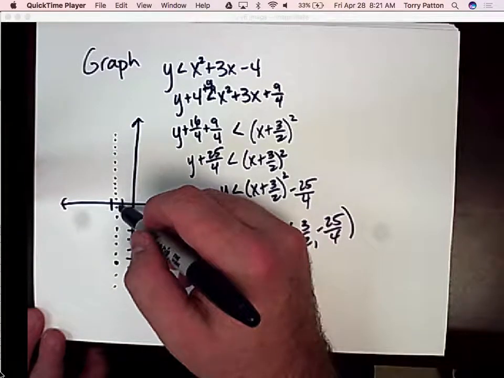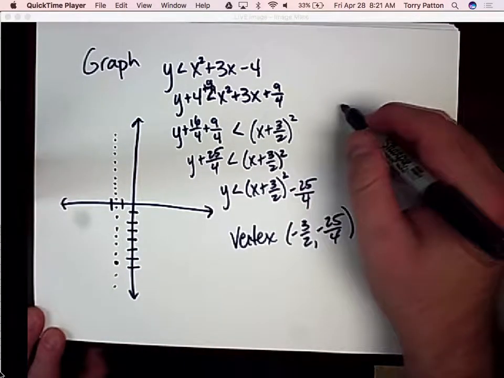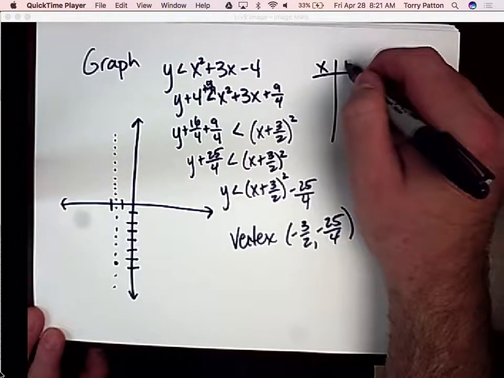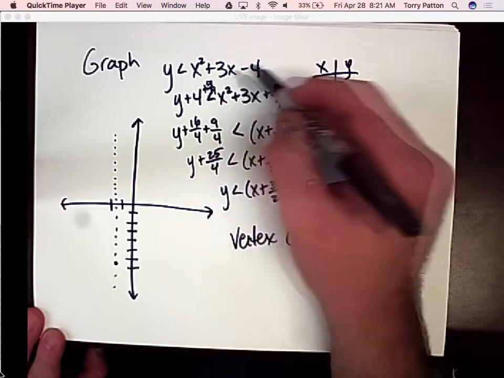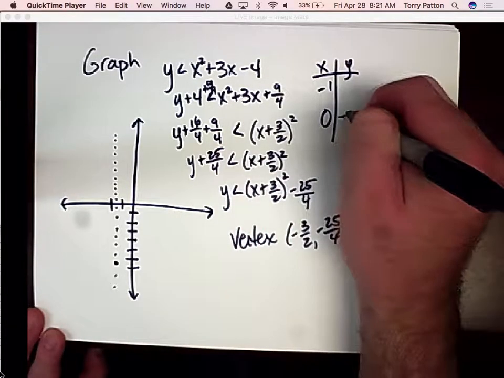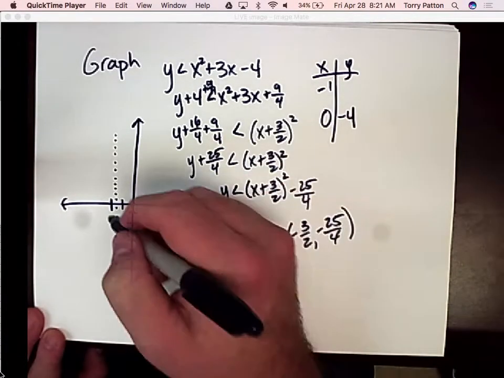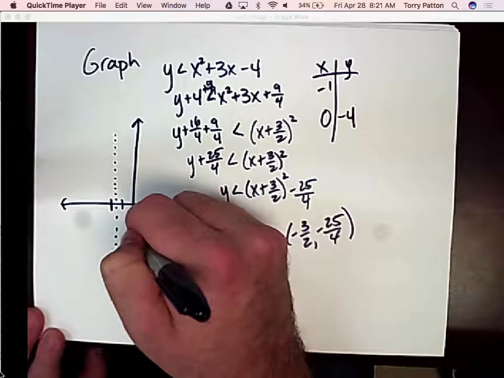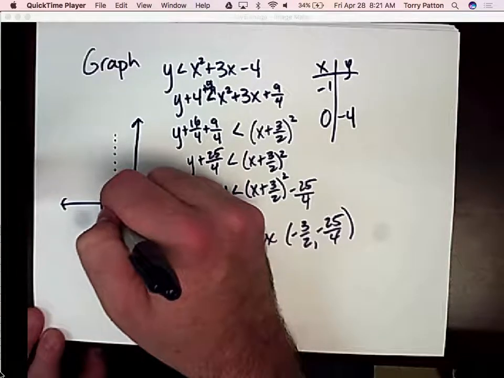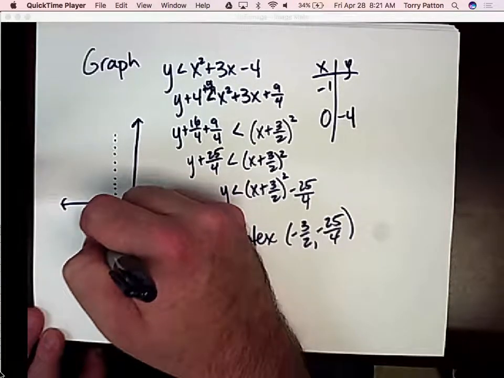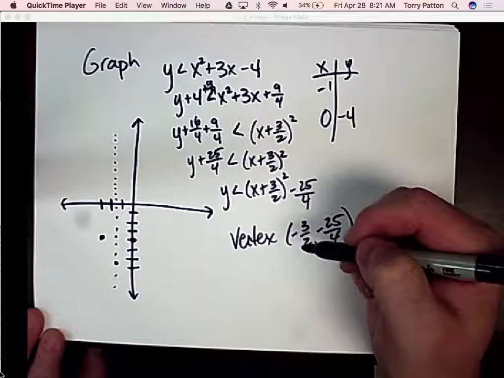So I would do negative 1 and 0. 0 is easy because it'd be 0 plus 0 minus 4, which would be negative 4. So 0, negative 4, which means negative 3, negative 4 on the other side. Okay?